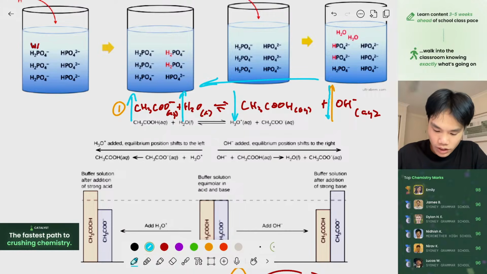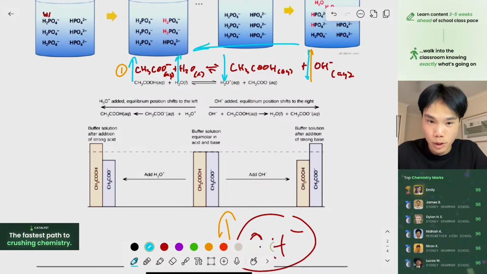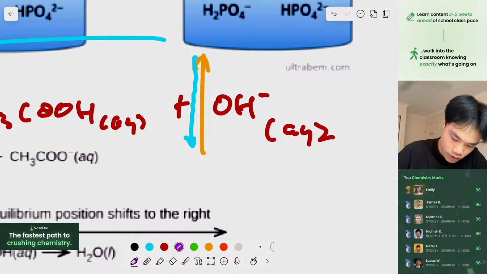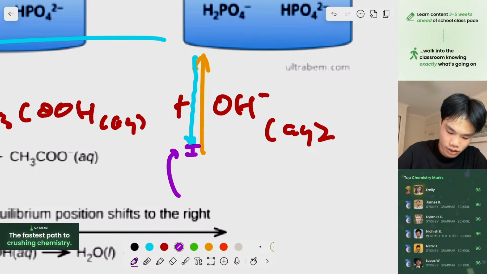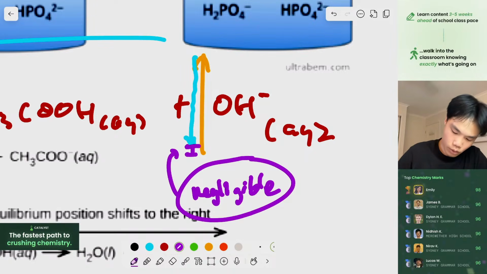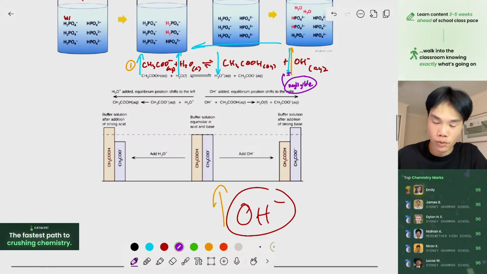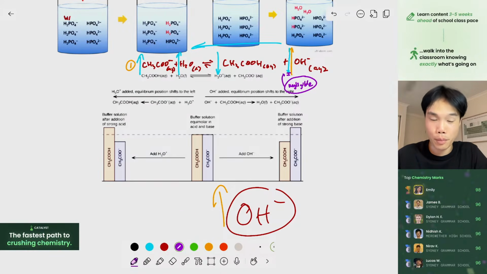Okay. And once again, once you re-establish equilibrium, what you'll note is the net pH change, or the net hydroxide change, is virtually negligible, or very, very small. Yes, you do have a slight increase in hydroxide overall. Yes, you 100% do, but it's very small. And so the pH hasn't changed significantly.